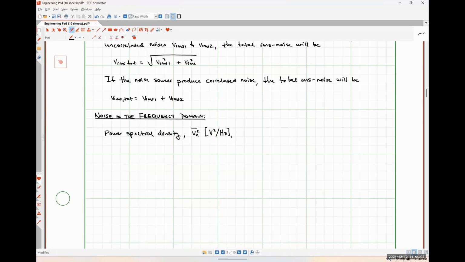So power spectral density is defined as the average power carried by a signal in a 1 hertz bandwidth around a specific frequency. Okay.